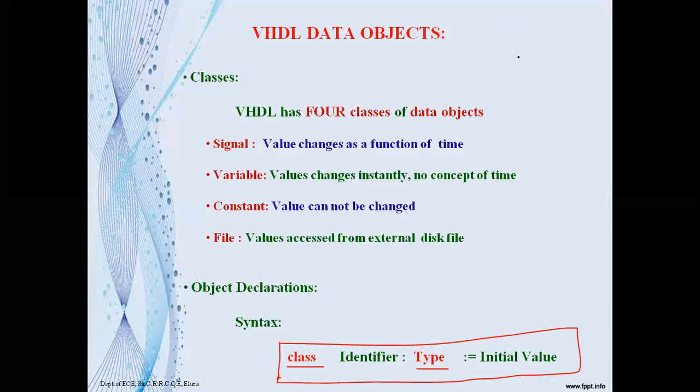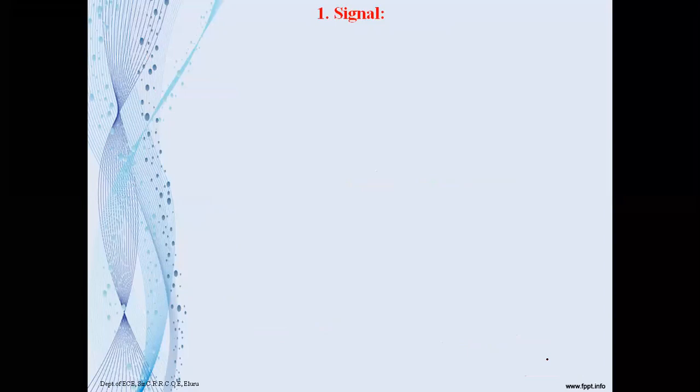So there are different data types available, but this is the syntax for the data object. Now we will discuss the declarations one by one for the signal, variables, constant and file.